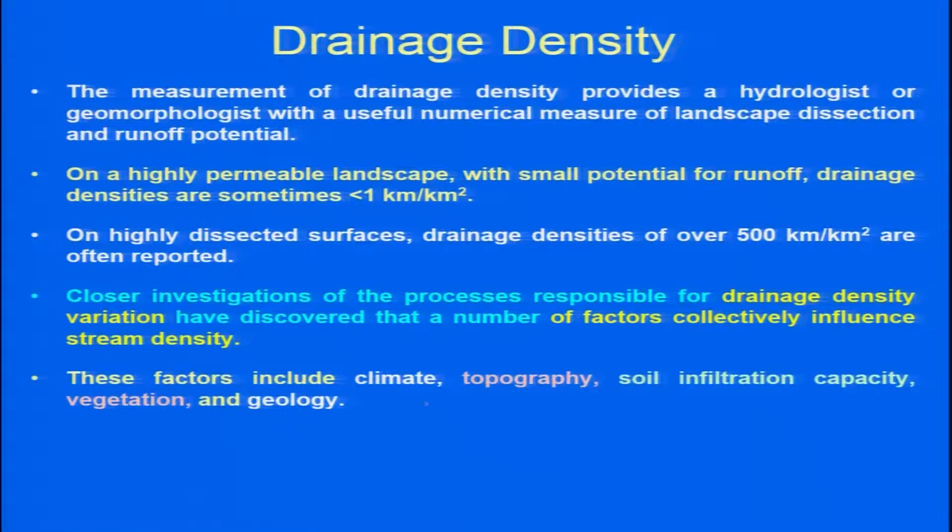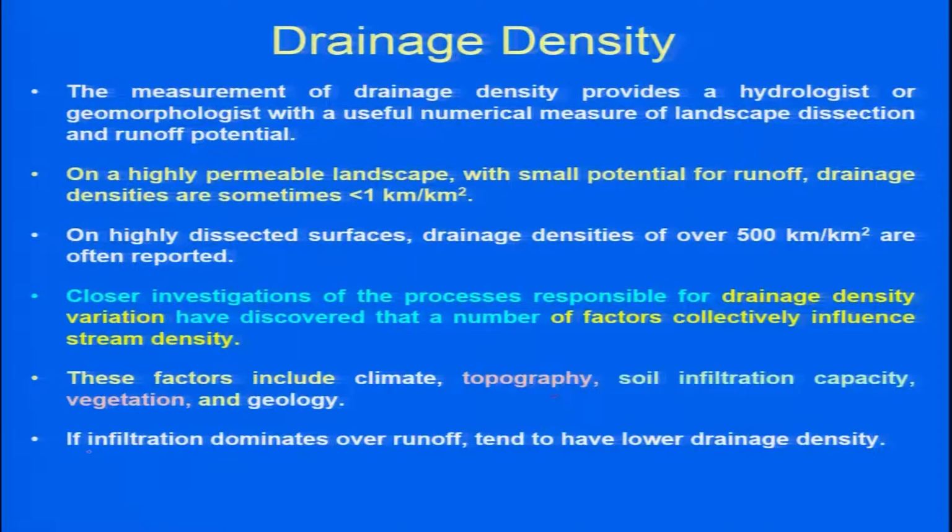Some factors we also discussed in the landslide lecture, and here too, because they are all related to topography and precipitation, similar factors are responsible for putting the channel in a flooding state. So, if infiltration dominates over runoff, the area tends to have lower drainage density.